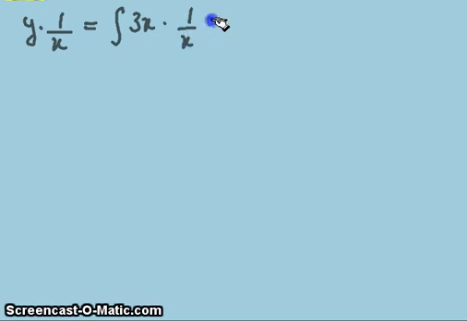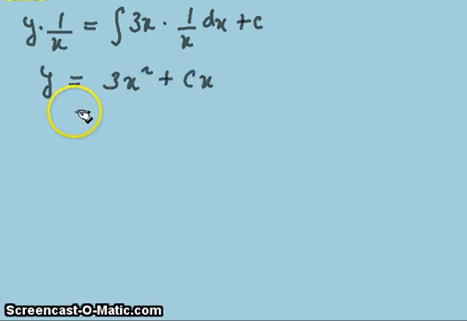Therefore the solution can be written as y into integrating factor, which is 1 by x, equal to integral of 3x into integrating factor 1 by x dx plus c. This gives us the equation y equal to 3x square plus cx, where c is an arbitrary constant.